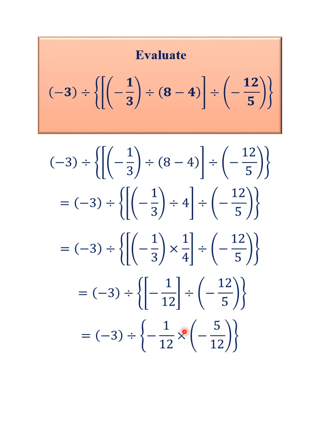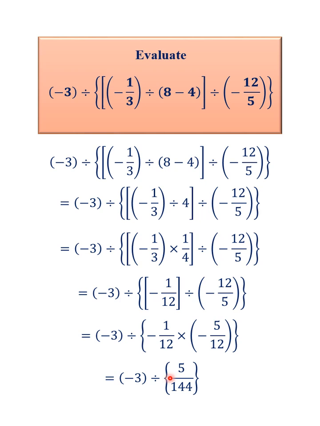Now we can evaluate everything within this curly bracket. Negative times negative will give us positive. 1 times 5 will give us 5 at the numerator. 12 times 12 will give us 144 at the denominator. So inside this bracket, we now have -3 divided by 5 over 144. 1 times 5 giving us 5, 12 times 12 giving us 144, negative times negative is positive, so no more negative here.